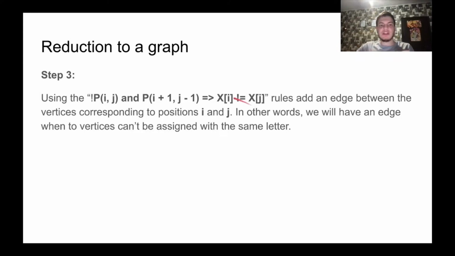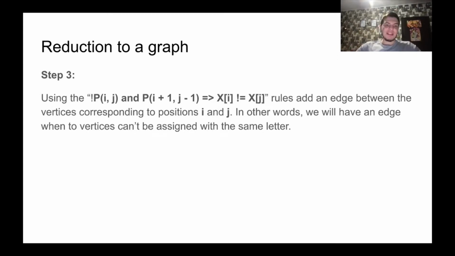So we are going to consider those rules only after we have finished with the previous ones. And when we have such rules, where something isn't equal to something else, we are simply going to place an edge between the vertices corresponding to those two positions.